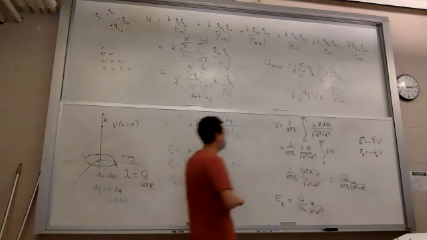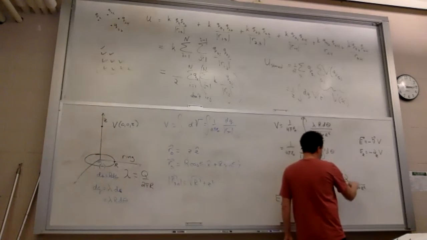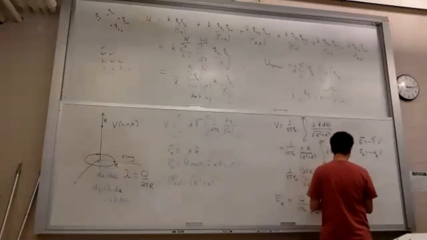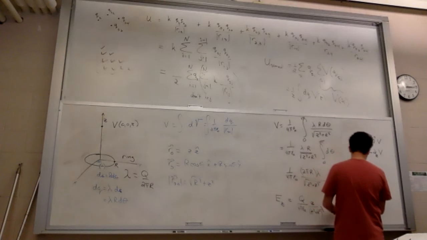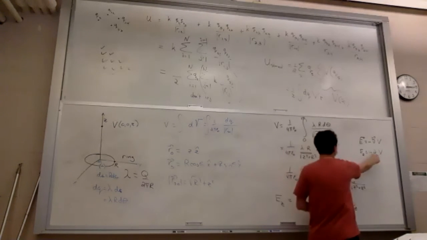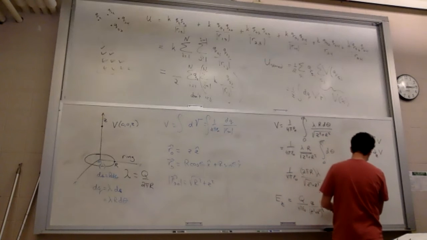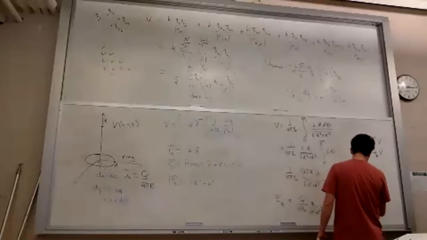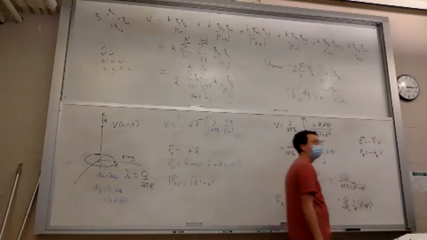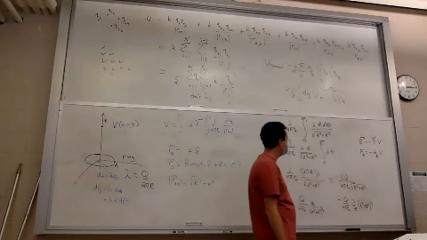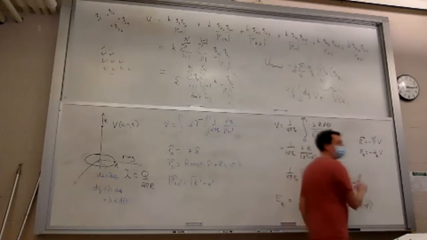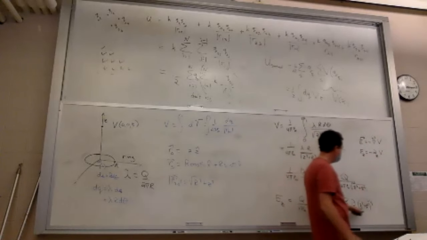Okay, so that's right. Pull out the constants, q over 4 pi epsilon naught. Partial with respect to z, and I need minus the partial. I get a minus out front of 1 over this. So think about that as z squared plus r squared to the negative half. So it's a power law.